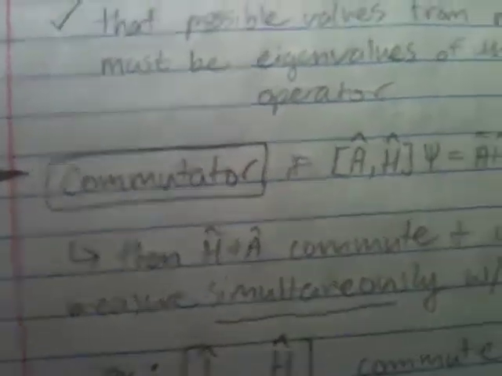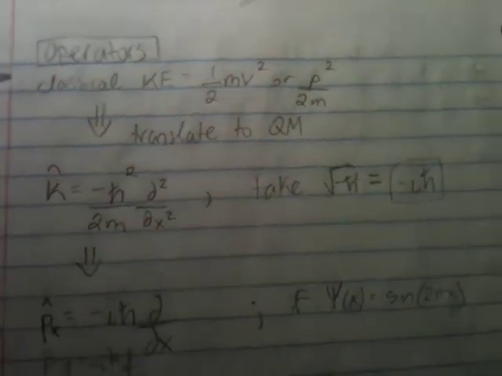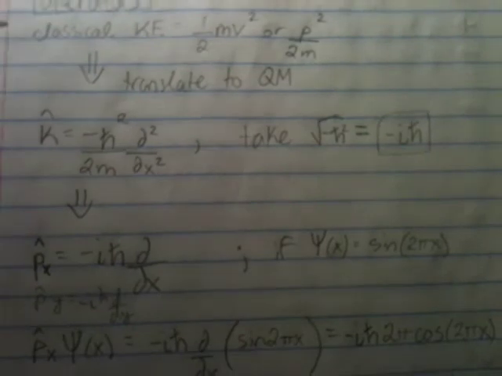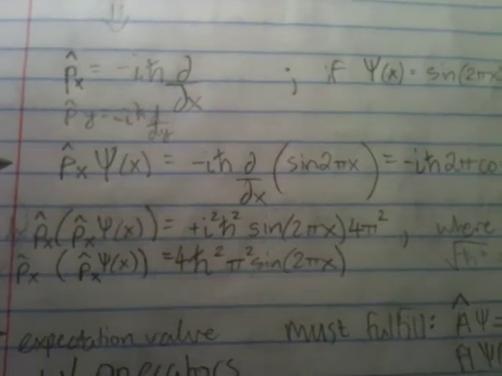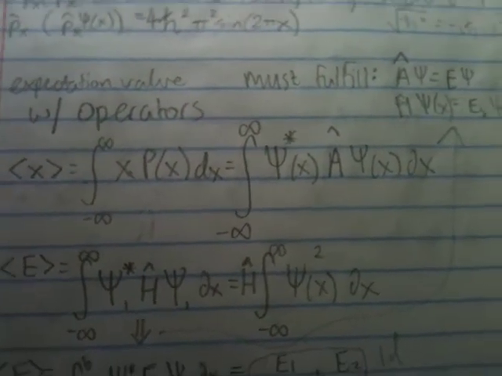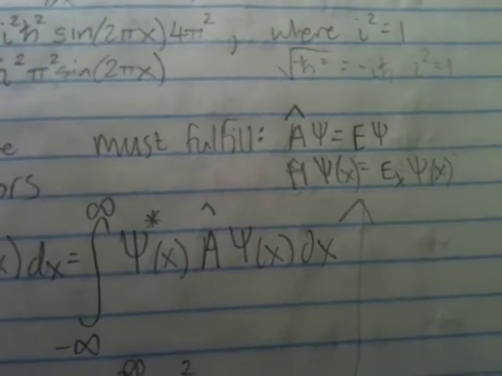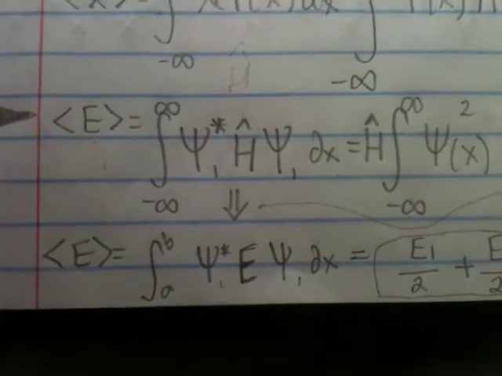So I'm going to cut it there, but let's do a quick recap. We started off with operators, translating them from classical to quantum mechanics, applying those operators to a new scenario, and also to an old scenario with expectation values, having to fulfill this parameter that the eigenvalues of this operator eigenfunction agree, meaning you can replace them here in the integral for the expectation value.